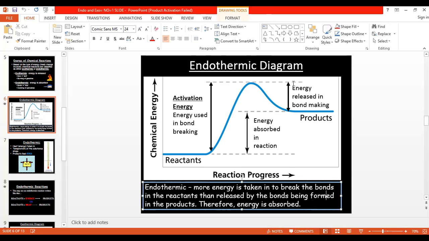See this arrow, this one is small compared to this black arrow. So here we need more energy to break the bond, and here less energy is released when new bonds form. Then you can say therefore energy is absorbed, more energy absorbed. If more energy is absorbed, we call the reaction endothermic, and energy is absorbed in a chemical reaction when bonds start to break.